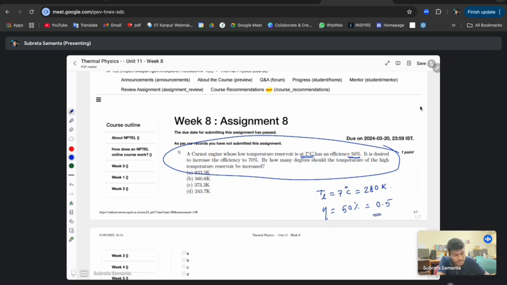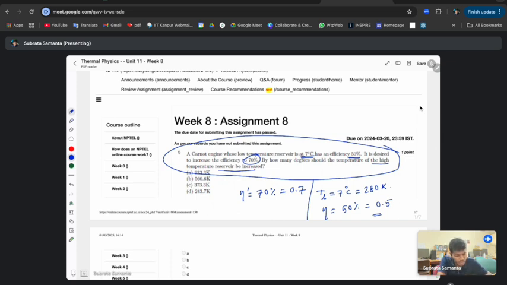So these two data are given, and it is desired to increase the efficiency to 70%. Let's say eta prime is 70%, that means 0.7. By how many degrees should the temperature of the high temperature reservoir be increased?